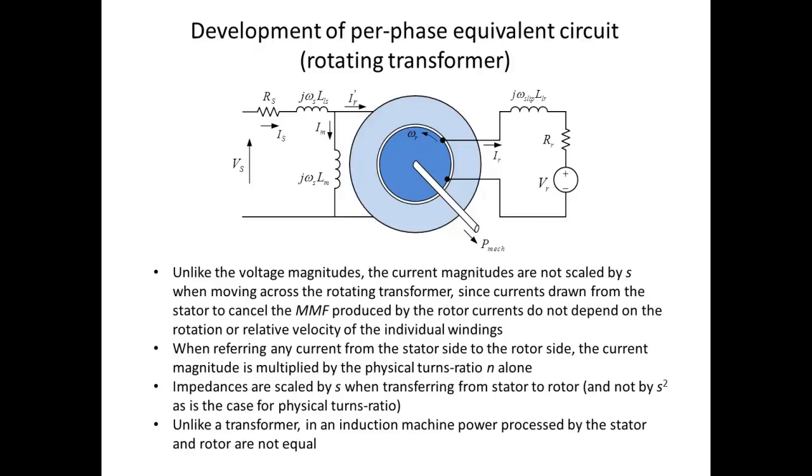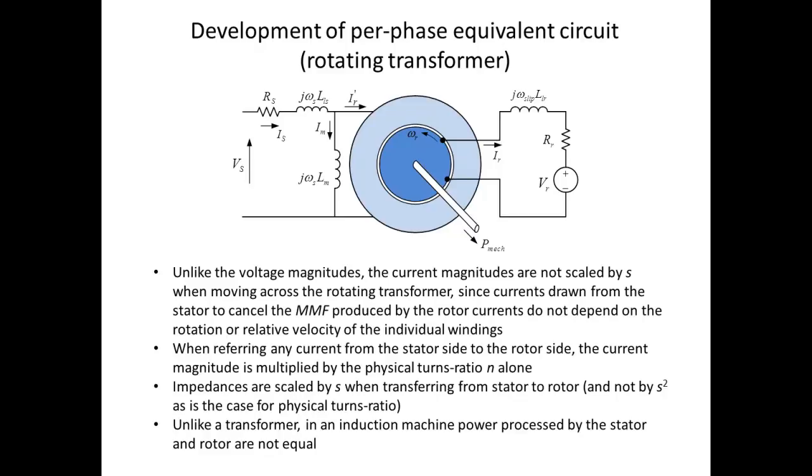That is because if you follow the transformer principles of calculating the primary current, when there is a secondary current, you have an equivalent current on the primary that goes to cancel the mmf produced by the secondary current, so that the flux in the core is simply determined by the applied voltage by Faraday's law, or the flux corresponds to just the magnetizing current component.